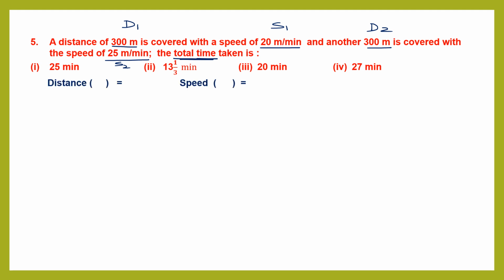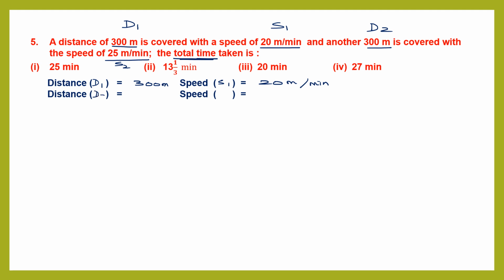So let's begin by writing what is given. Distance 1 is 300 meters and speed 1 is 20 meters per minute. Then we have distance 2.